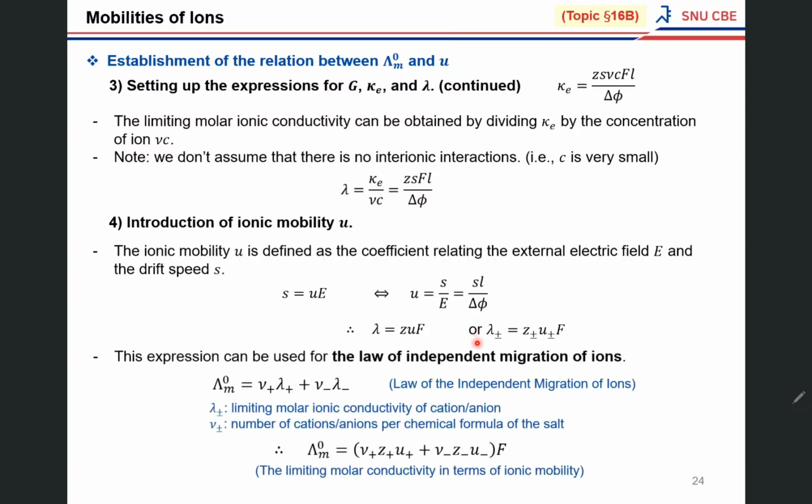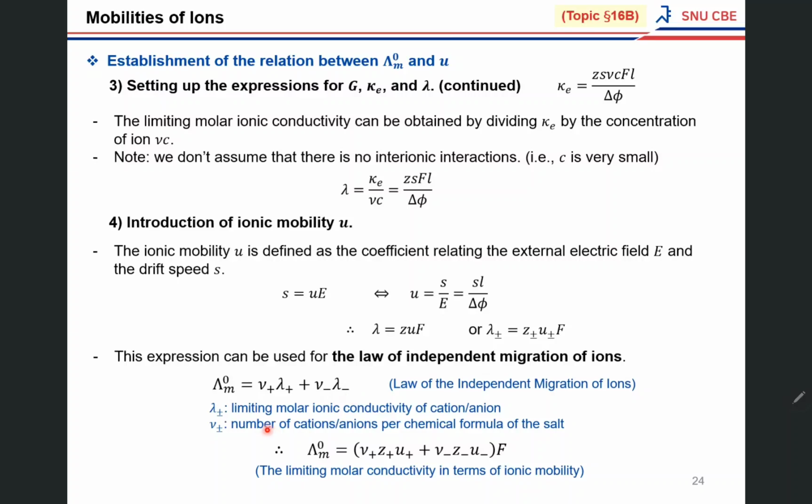So we have briefly discussed that large lambda m can be independently written as a sum of the contributions of cation and anion.